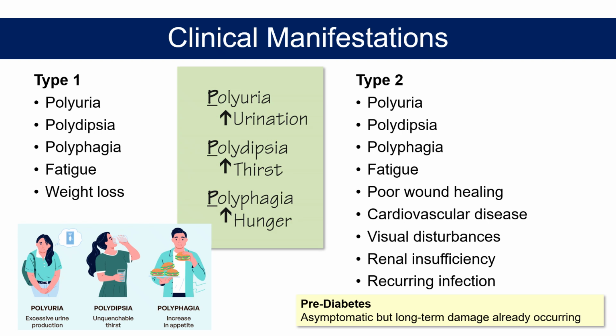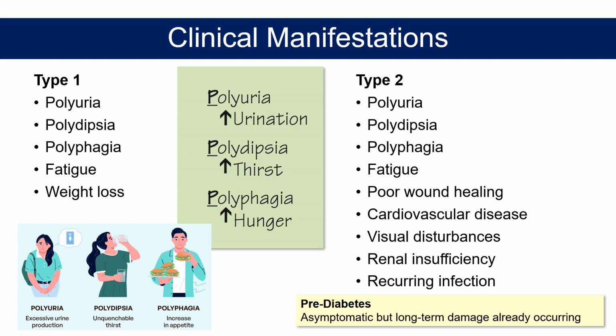They may have some visual disturbances, oftentimes because prolonged hyperglycemia really damages all of our blood vessels from head to toe on the micro and macro level. So in our eyes, we have these tiny little vessels that are sensitive to things floating around in there that shouldn't be floating around. So patients may have some blurry vision or other disturbances, and that's what prompts them to go to the hospital. Renal insufficiency and recurring infection.